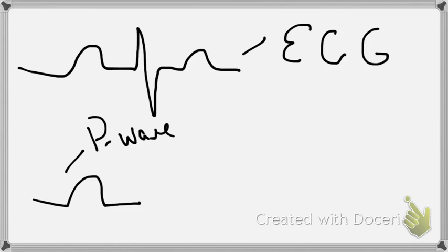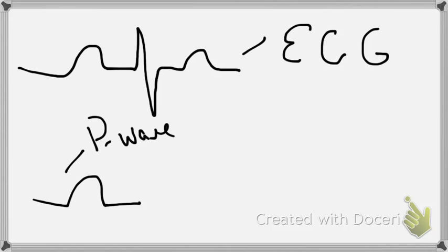Now, the ECG only measures electrical activity. Doesn't do anything mechanical. So we don't know if that heart contracted or not. Those atria contracted because that's mechanical, correct? All we know electrically is that the SA node depolarized because we had this P wave.